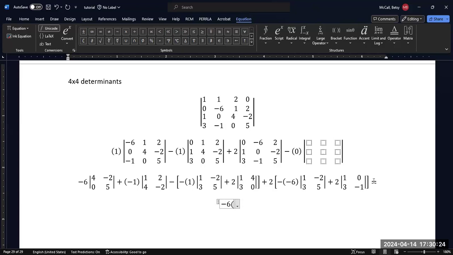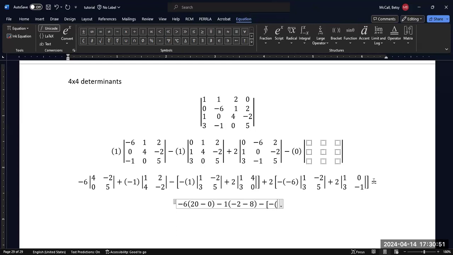So -6 gets multiplied by 4 by 5 is 20, minus 0, because 0 times -2 is 0. And then -1 times, let's see, 1 and -2 is -2, minus 4 by 2, which is 8. And then we'll deal with that distributing the minus sign later.